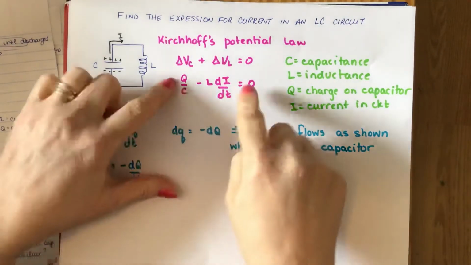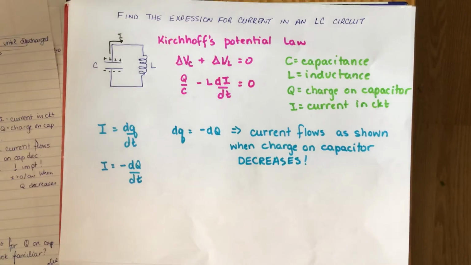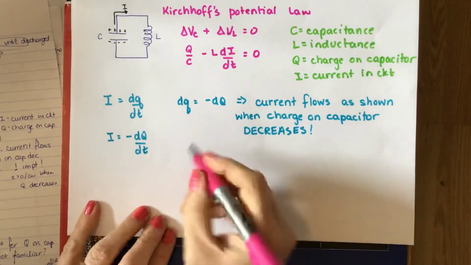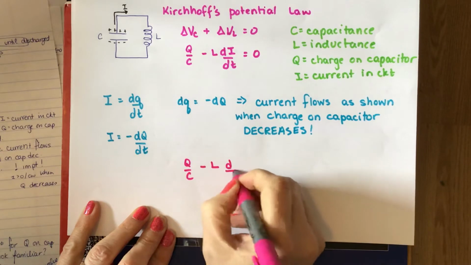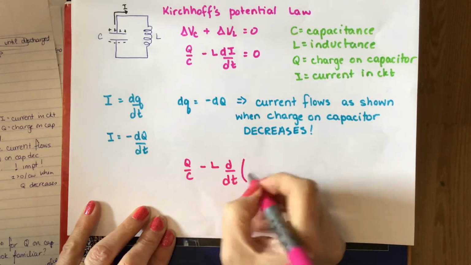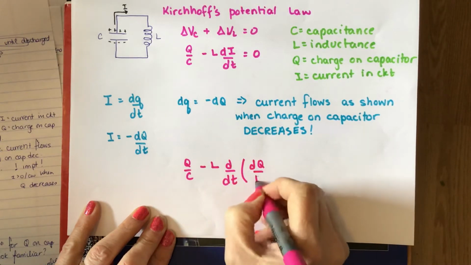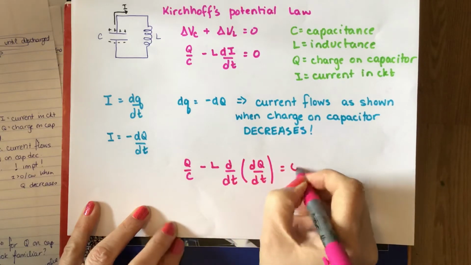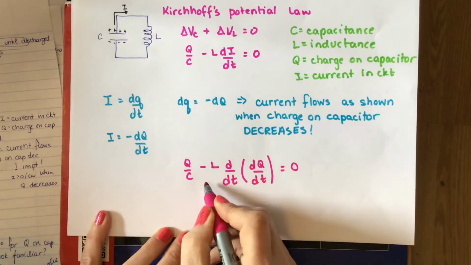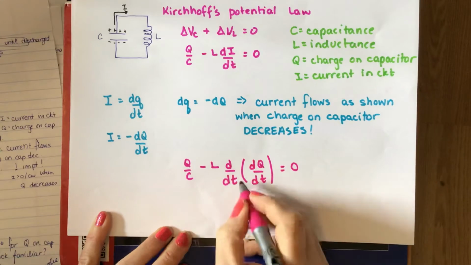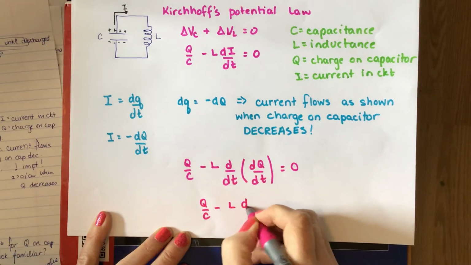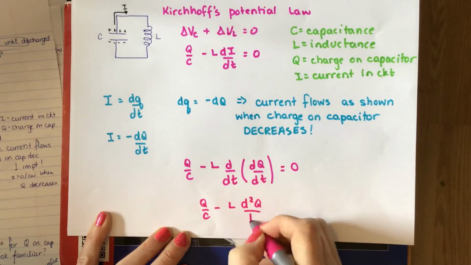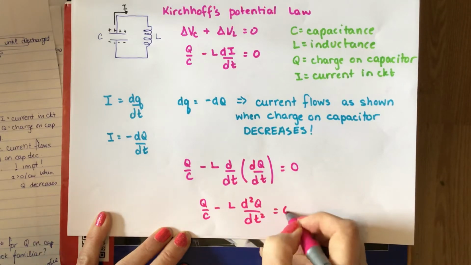Okay, let's bring that back to this equation. Q over C minus L d by dt of dQ dt equals 0. This can simplify a little bit. This is going to be our second derivative, Q over C minus L, second derivative of Q with respect to time.